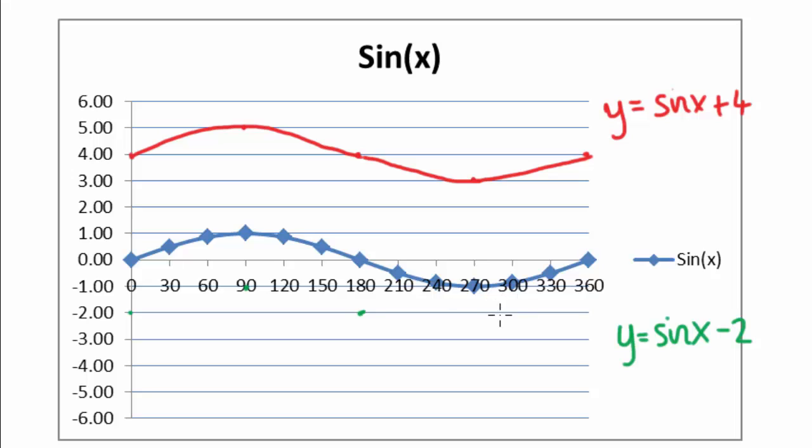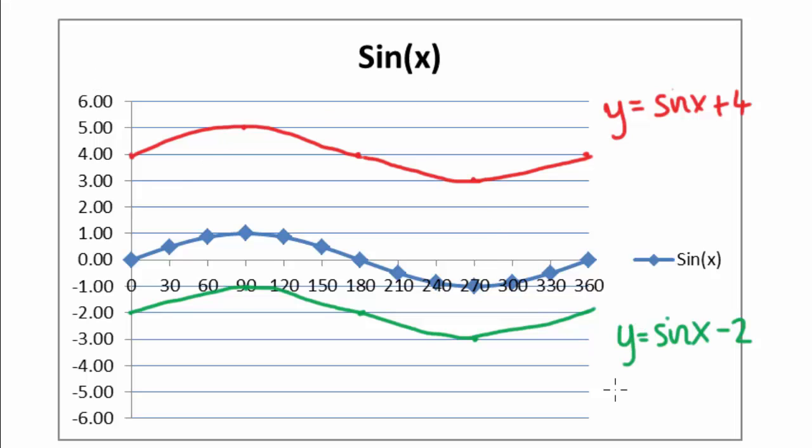It'll then reach the smallest amount at 270, or the trough, and then go back. And if I draw this, it's obviously going to start going over the numbers. That's y equals sine x minus 2.